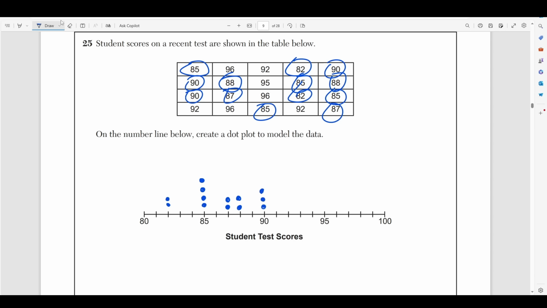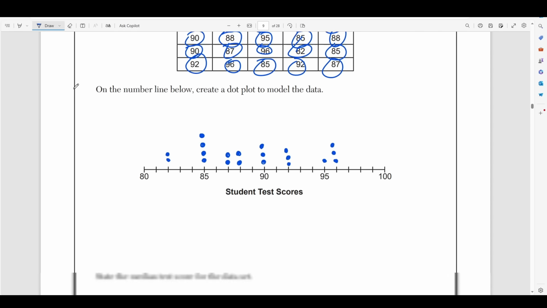I put 3 dots up there. Then 92 happens 1, 2, 3 times, so 92 goes 1, 2, 3 times up, right? 95 happens 1 time, so I put 1 dot for 95, and finally 96 happens 1, 2, 3 times, so I go and I plot 3 dots above 96, right?